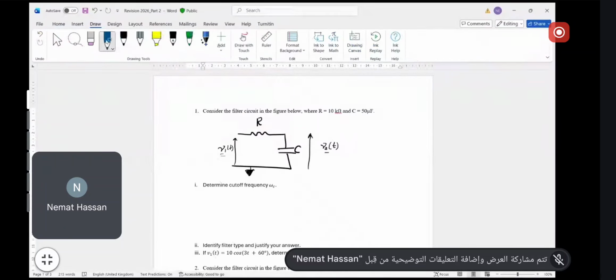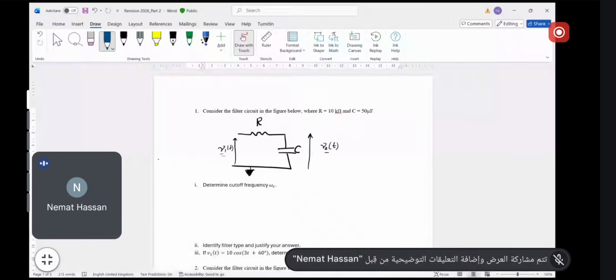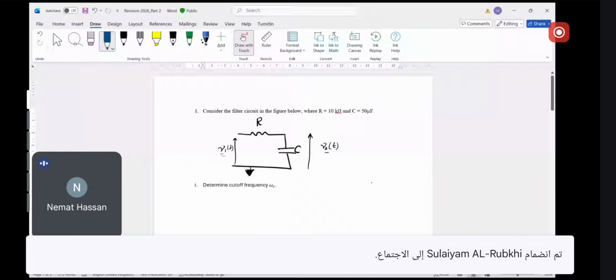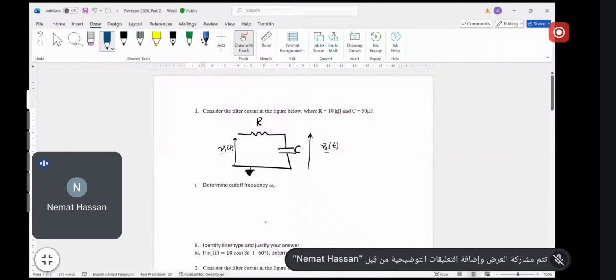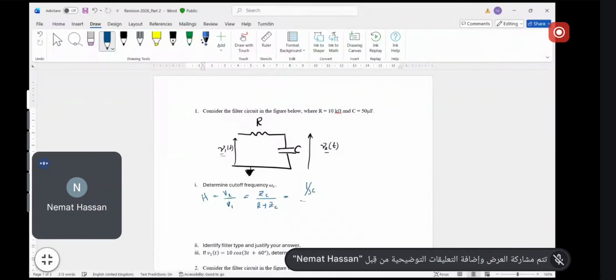Therefore, you have to first figure out what is the transfer function, and based on that, what is the cutoff frequency. So we're going to use something we learned a long time ago, which is the voltage divider rule: the transfer function or the gain, H, is equal to V out, which is V2, over V in, which is V1, which is equal to ZC over R plus ZC, which is 1 over SC divided by R plus 1 over SC.